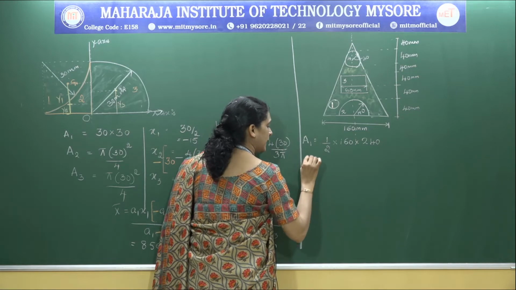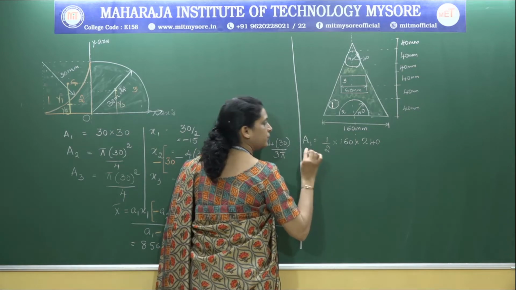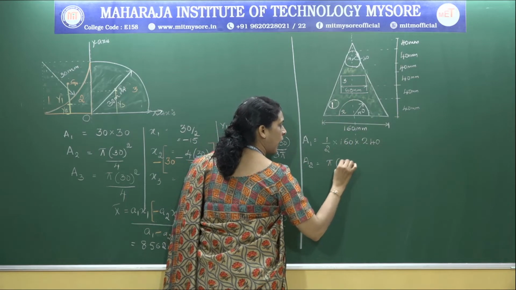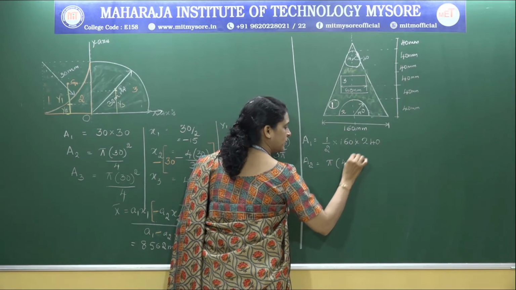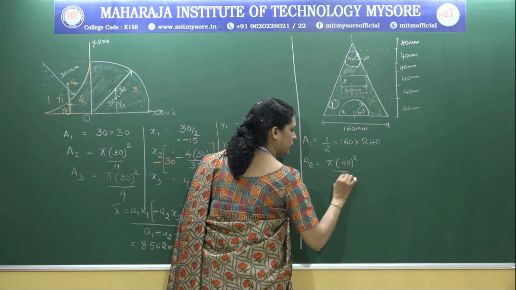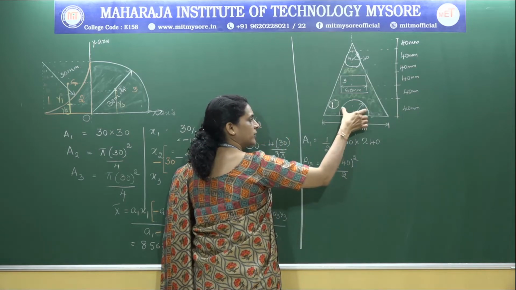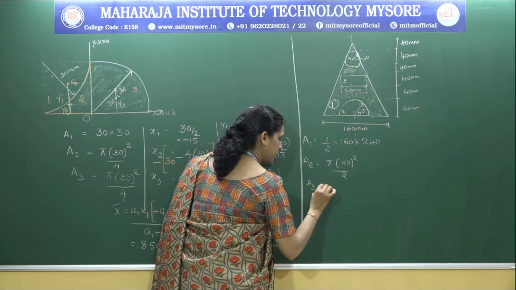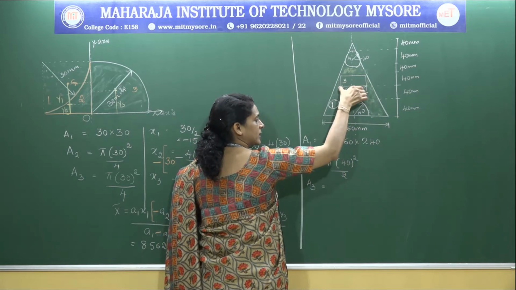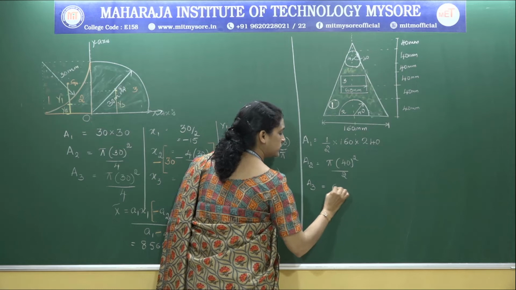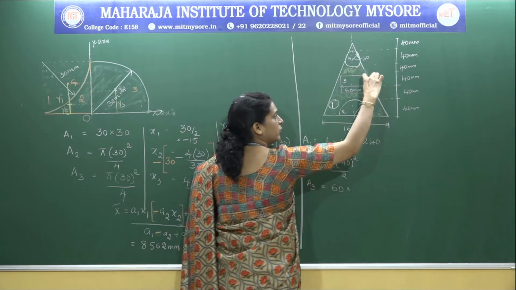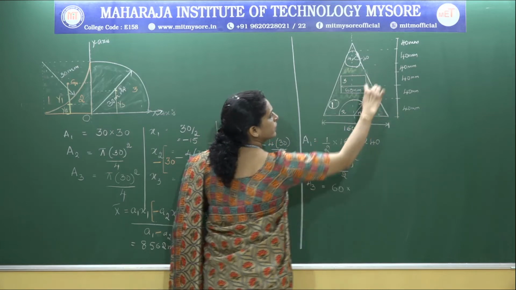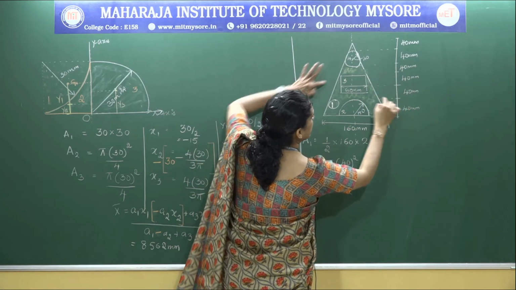Next, area of the second section. It is a semicircle, pi r square by 2, with r as 40. Area of the third section, it is a rectangle. So, 60 by 40.